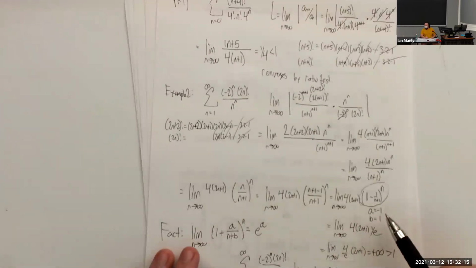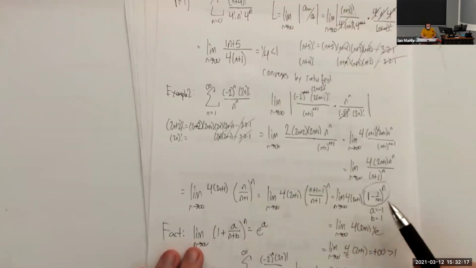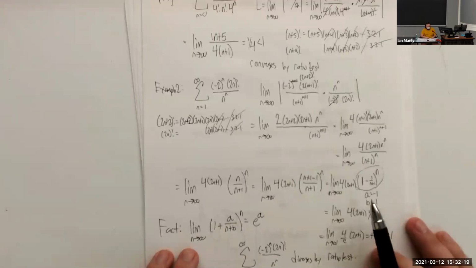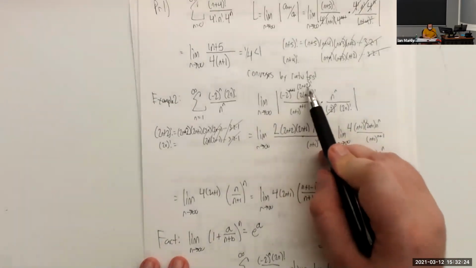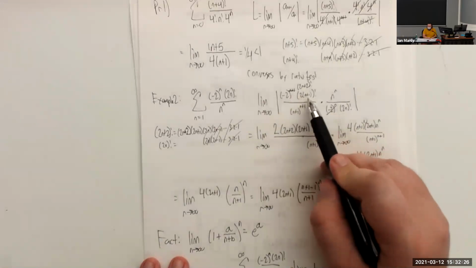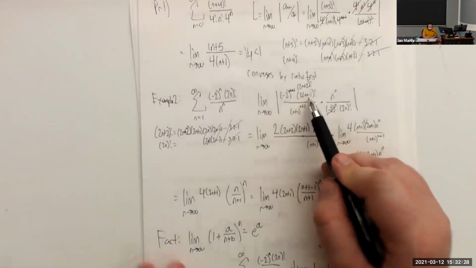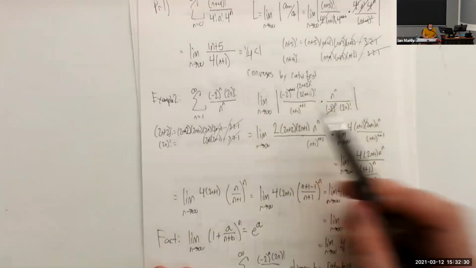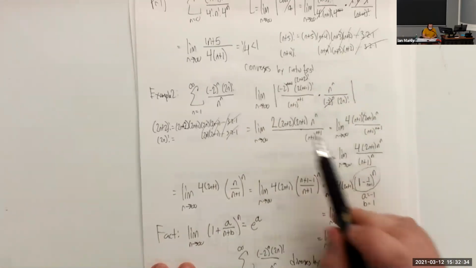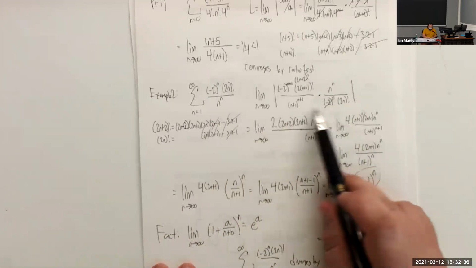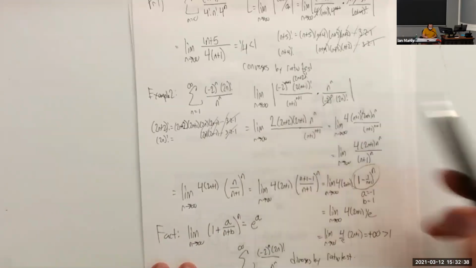All right, so this one we pull out all the stops for the ratio test. This is pretty much as bad as the ratio test can get. So let's recap. We saw what happened with this. We needed to distribute the n plus 1 over here. We ended up getting 2 terms from that. We factored out and had to cancel with this weird n plus 1 to the n plus 1.